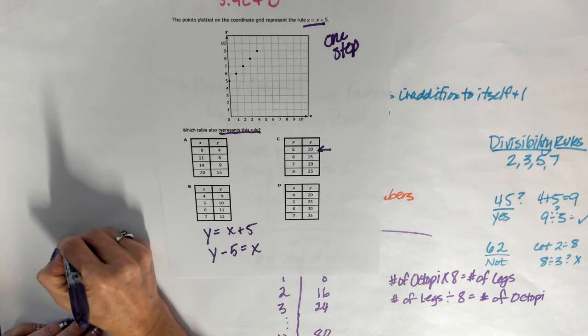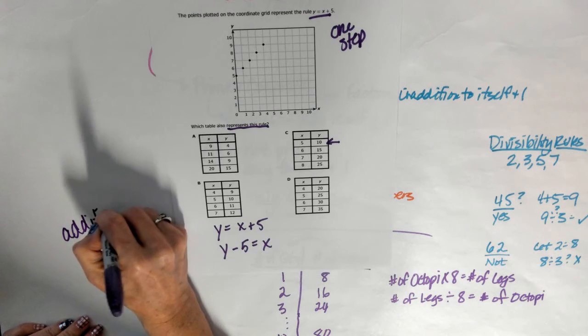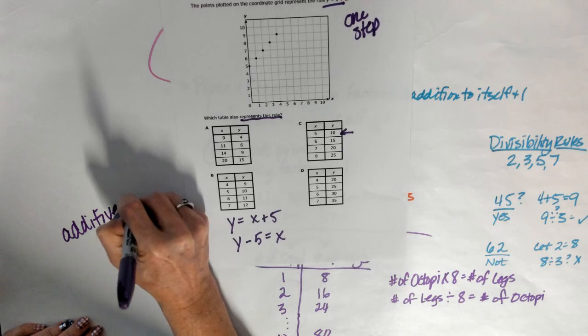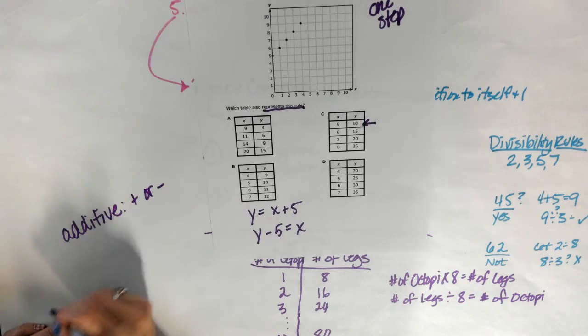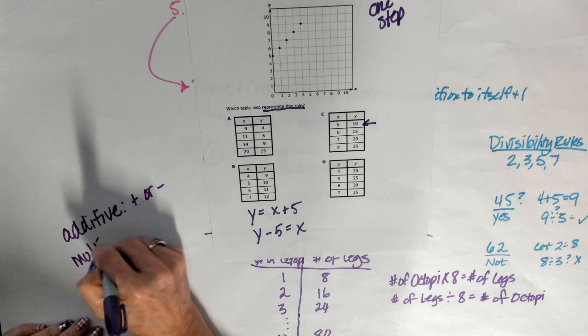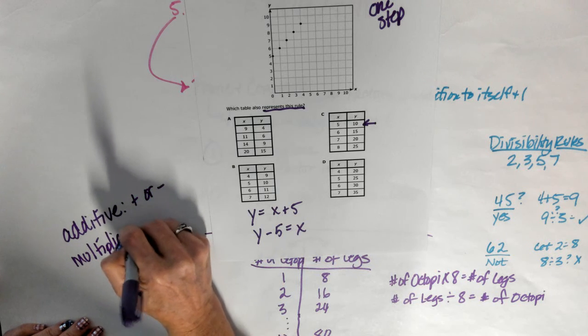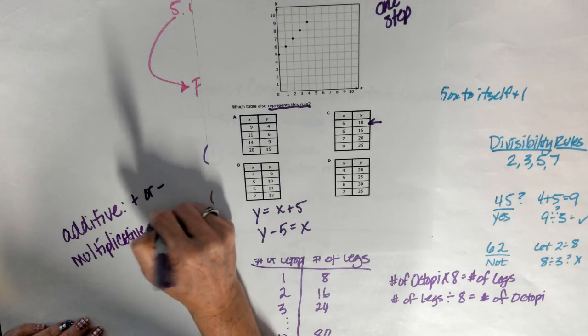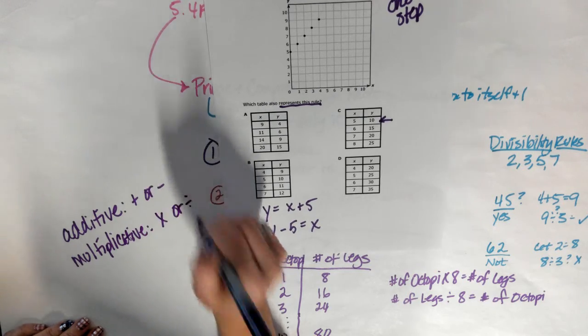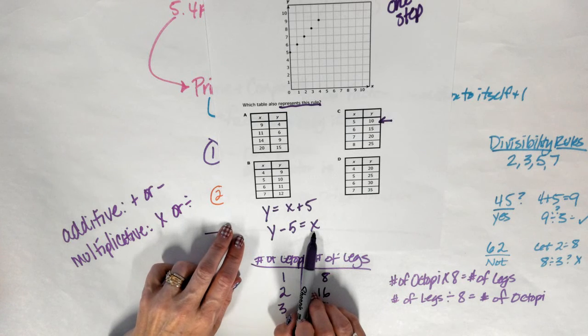So I want you to make sure kids understand that additive doesn't just mean I'm adding. It's adding or subtracting. In the same way, multiplicative, like the octopus rule, uses multiplication or division because the rule can be written both ways.